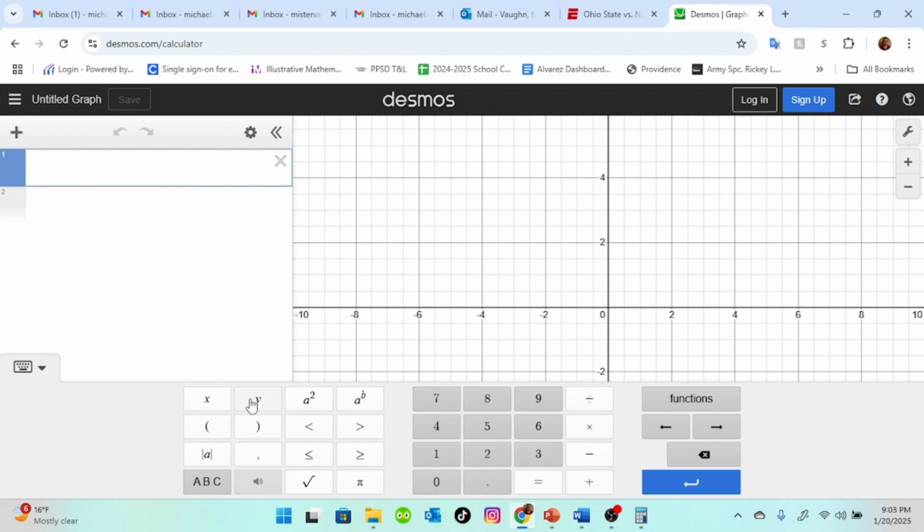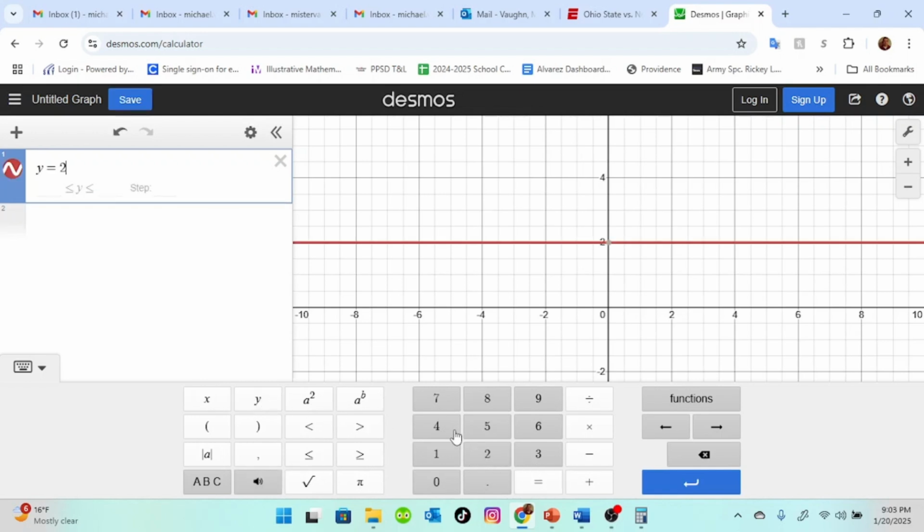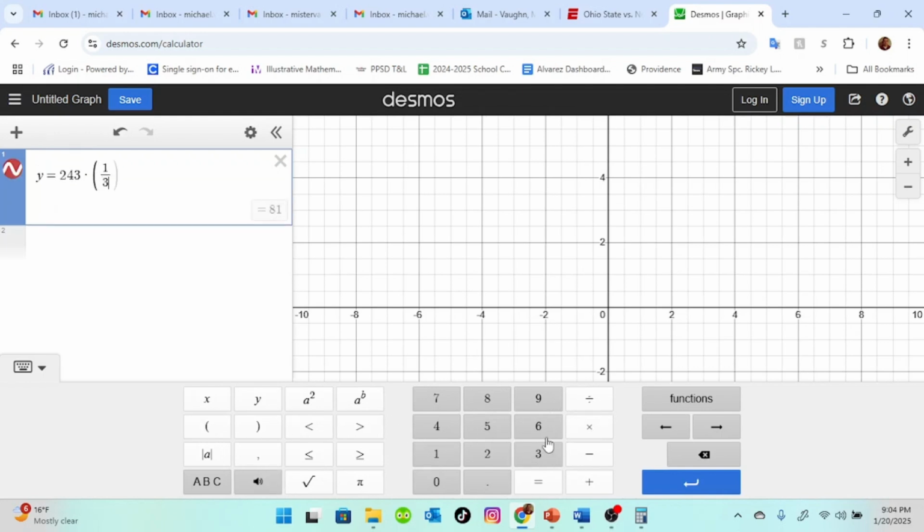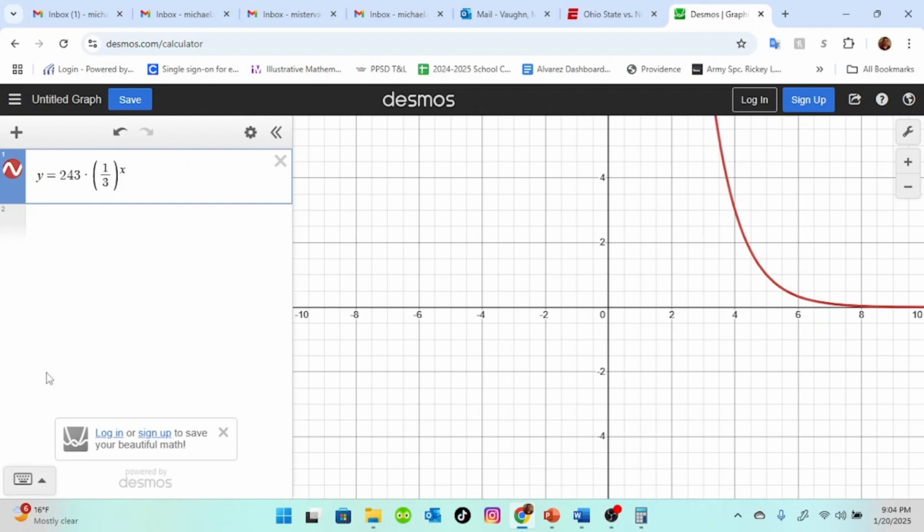We're going to type in y equals the 243 original stray cats times 1/3 to the power of x. And now we can see the graph here.